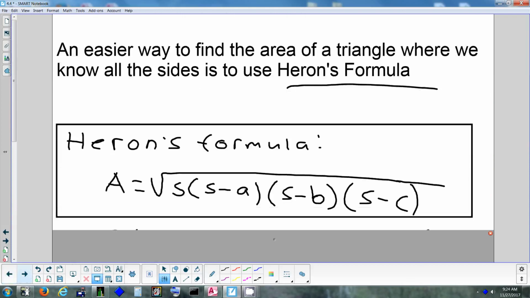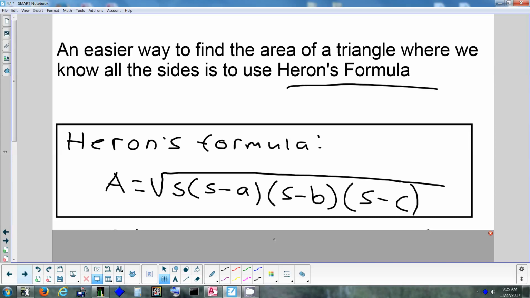How is what we just did built into that formula? And you just have to trust me that it is. If we were to prove where this formula came from, we would use the law of cosines to figure this formula out. If you look at the proof in your book of this, it's kind of long, which is why we don't go through it.